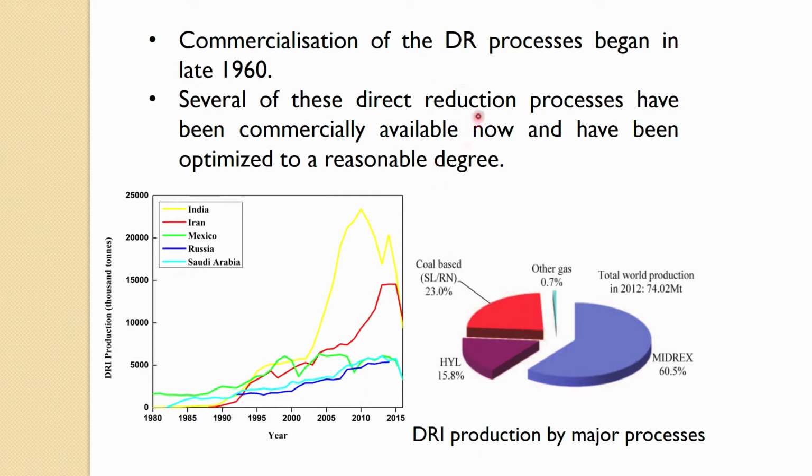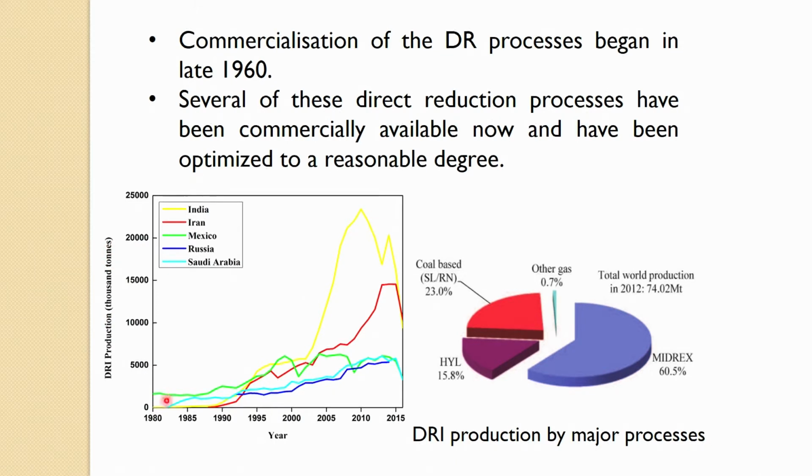So not much scope for improvement as such. And you can see from the latest figure that India is the leading country in the production of DRI. So, DRI production is in thousand tons.